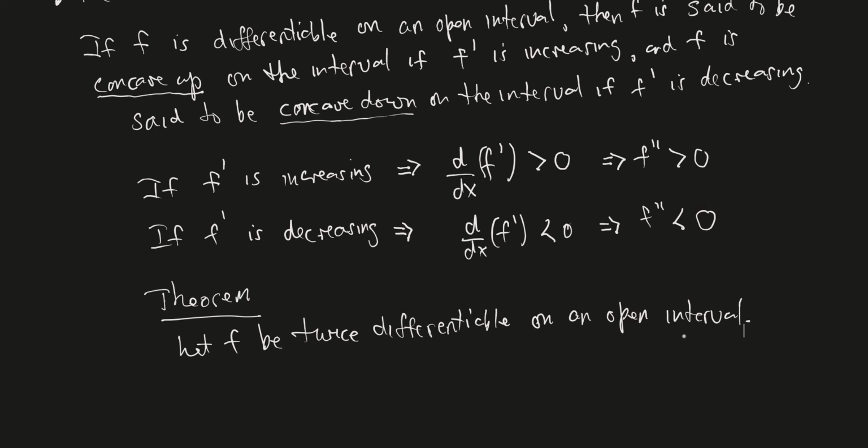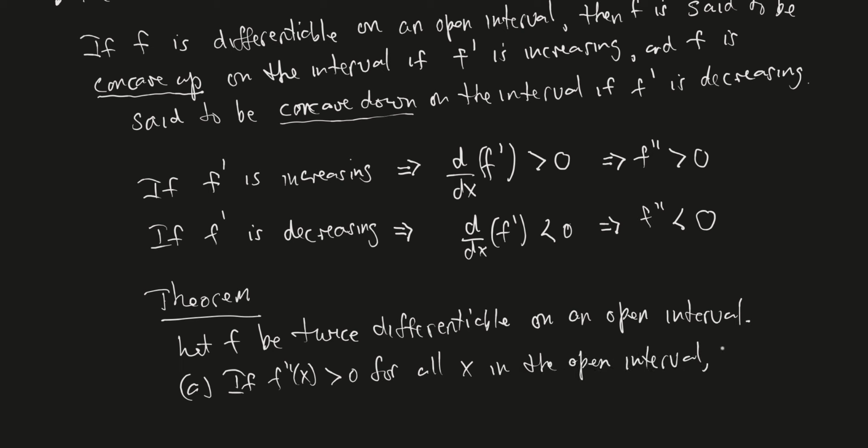All right. So two simple conclusions. If the second derivative is positive, so if f double prime of x is positive for all x in this open interval, then the original function f is going to be concave up.